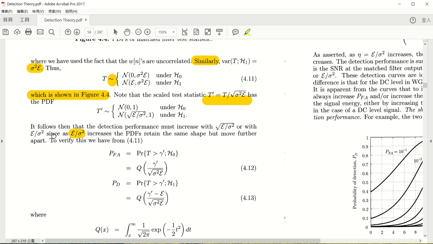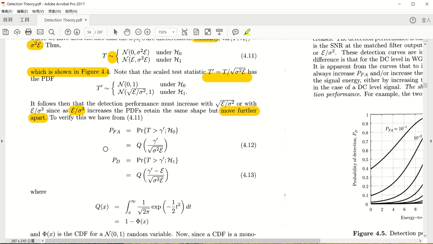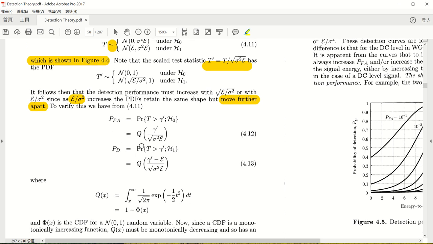So as this whole parameter increases, the PDFs retain the same shape but move further apart. That's the point. Move further apart. So we can calculate this for PFA and PD.